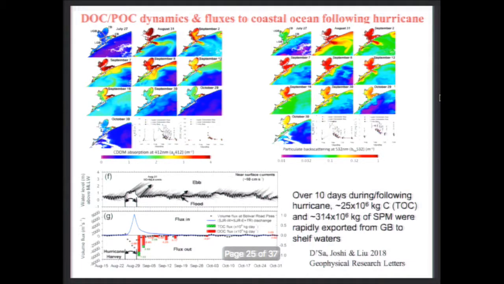So we had a set of imagery related to DOC, as you can see before and after the hurricane, and backscattering. Using previous relations, we derived DOC and POC.